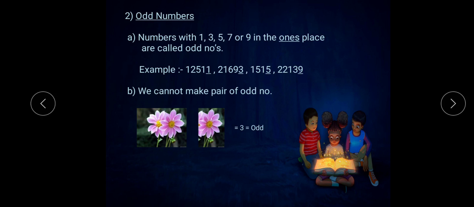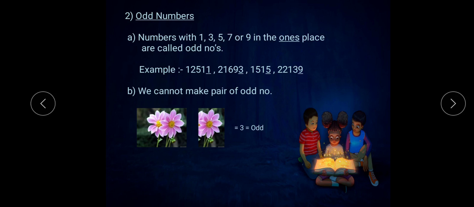Okay. Let's see what are odd numbers. Now, the numbers with 1, 3, 5, 7 or 9 in the ones place are called odd numbers. For example, 12511. You can see there is 1 in the last place. 21693. There is 3 in the last place. 1515.